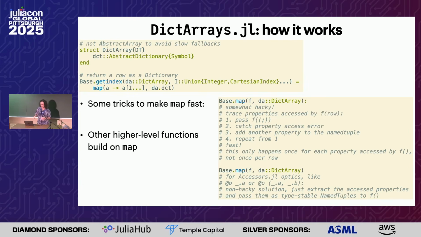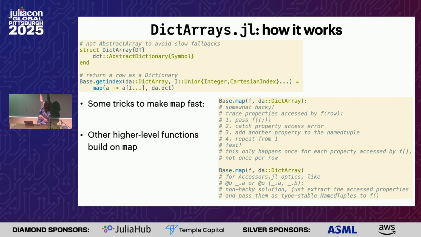The tricks come in the map implementation, and this is almost the only place where they come. For an arbitrary lambda function, if you pass an arbitrary function to it, there are some tricks to understand what properties the function needs, so as not to pass it a huge named tuple with thousand fields.